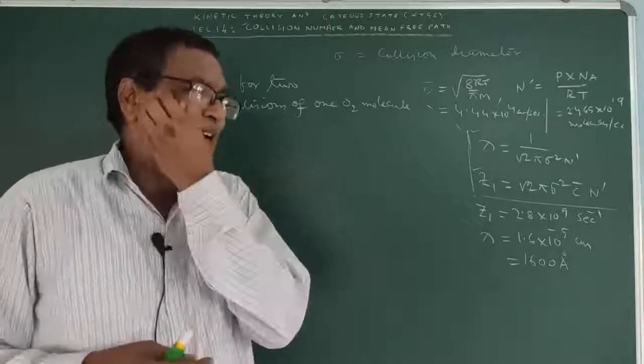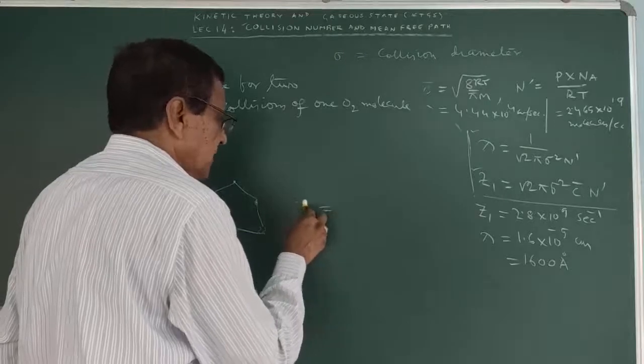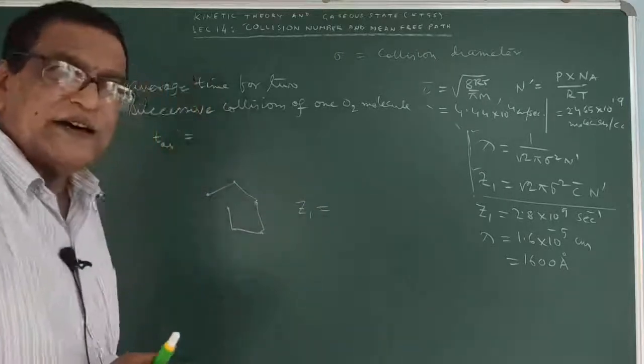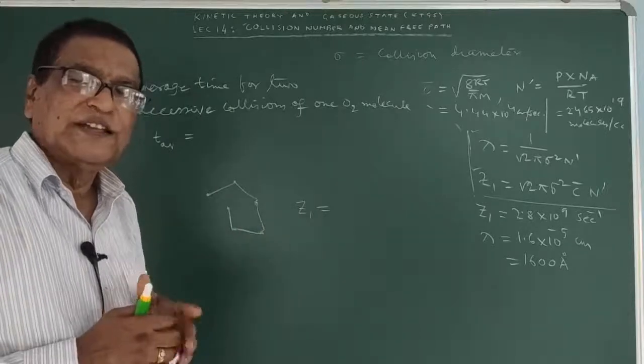This can be done as follows. Z1 is the number of collisions occurring for one oxygen molecule in 1 second.